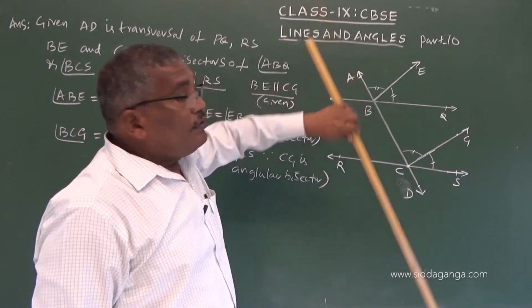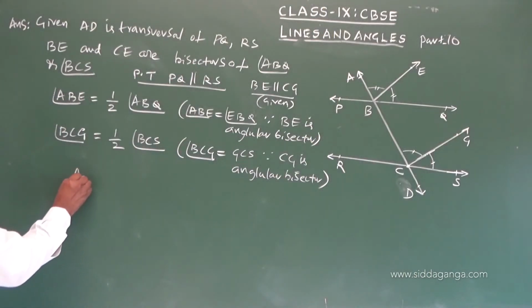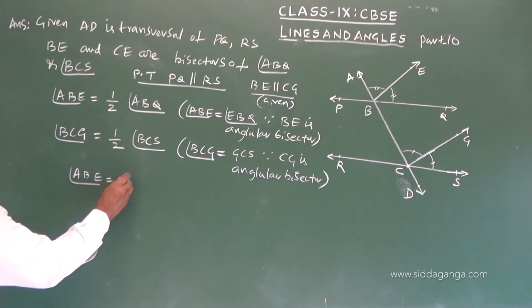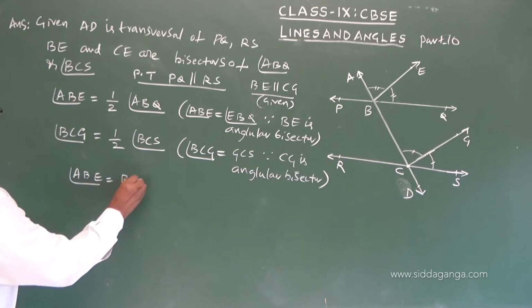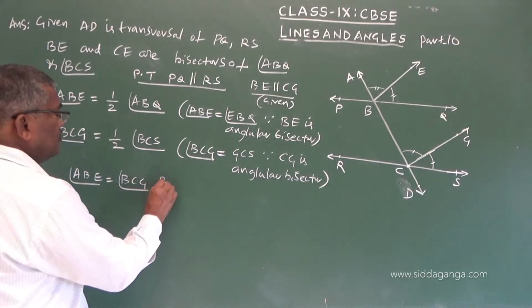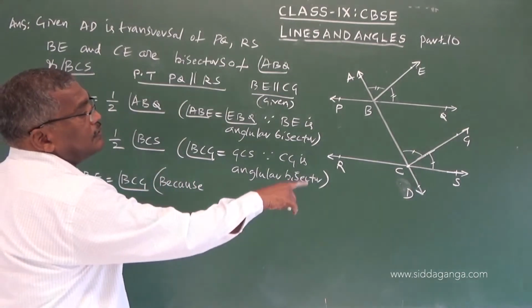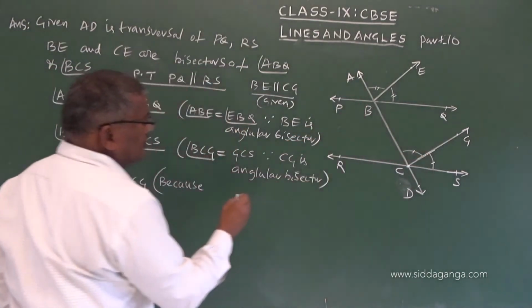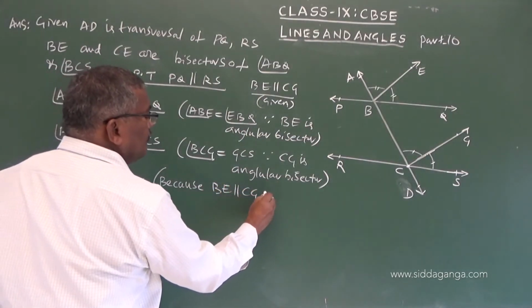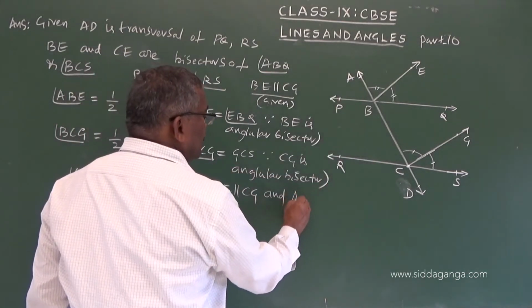So therefore they are equal. Angle ABE will be equal to BCG. Why does this happen? Because BE is parallel to CG, and AD is the transversal.